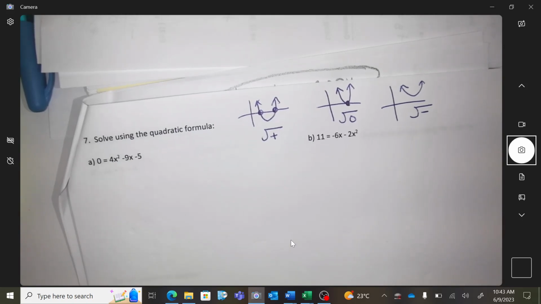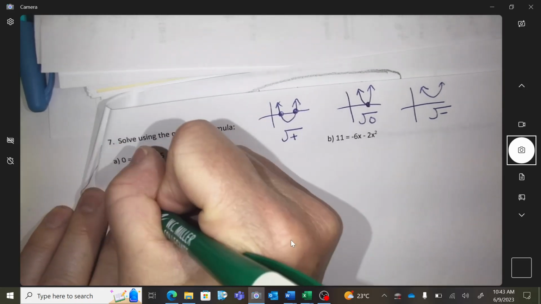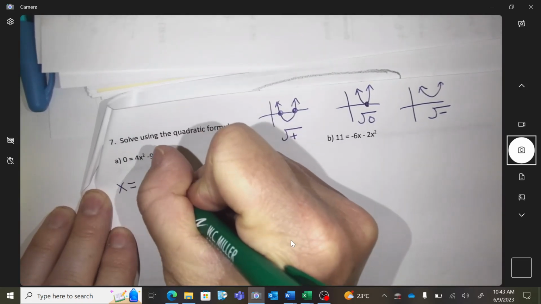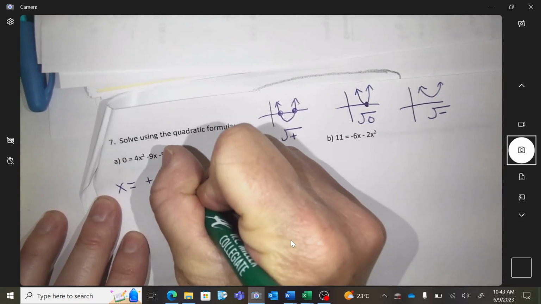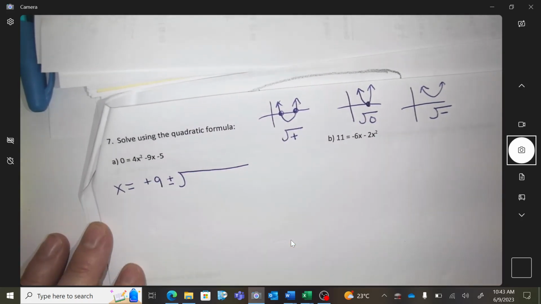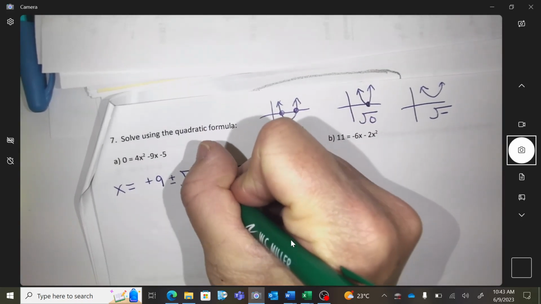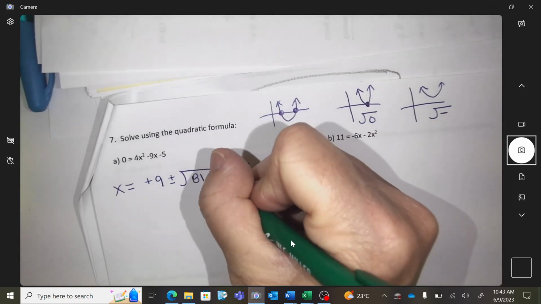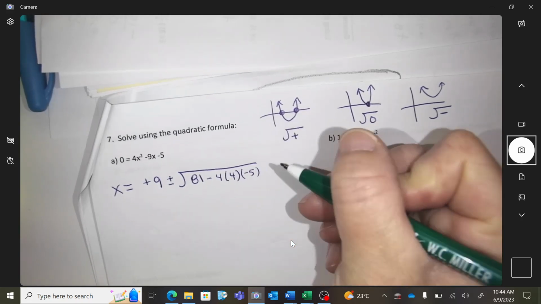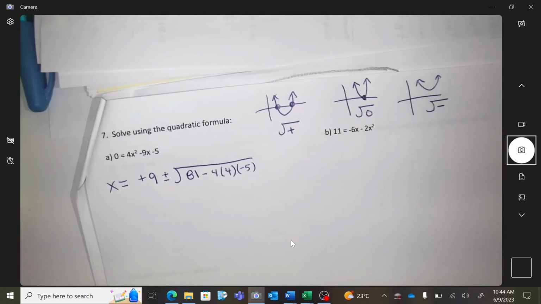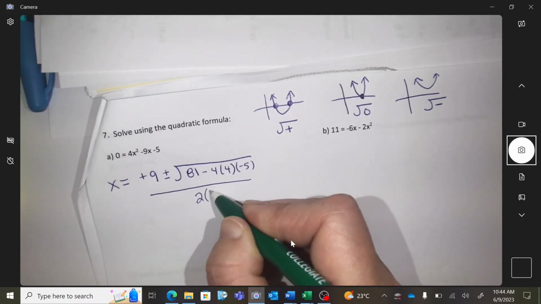Okay, here we go. Use the formula to solve. So x equals negative b, so positive 9, plus minus the square root of b squared, so 81, minus 4 times a, 4 times a negative 5, all over 2 times 4.